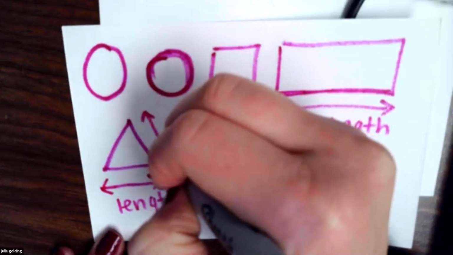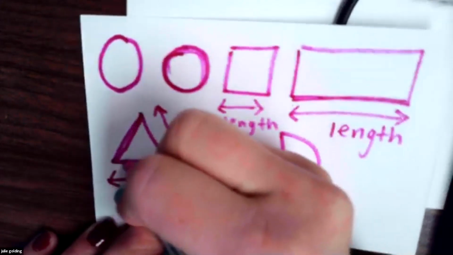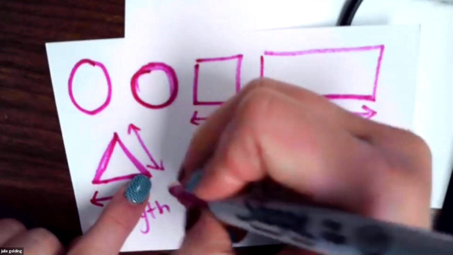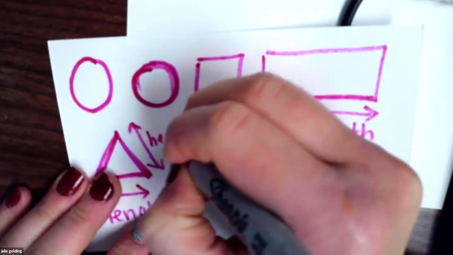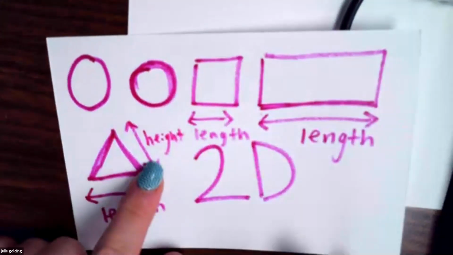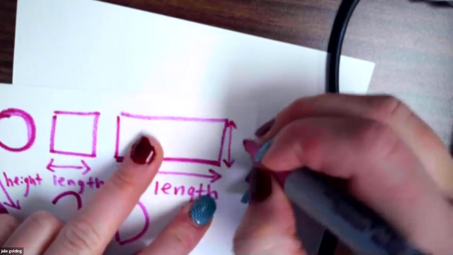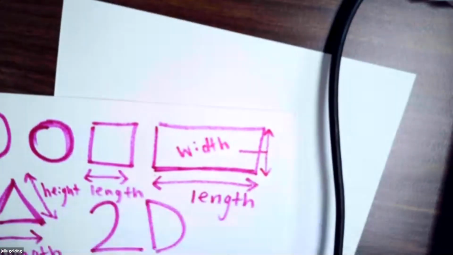And this is a triangle right here. So from the bottom to the top, this is called height. Length right here, we call this width. Okay.